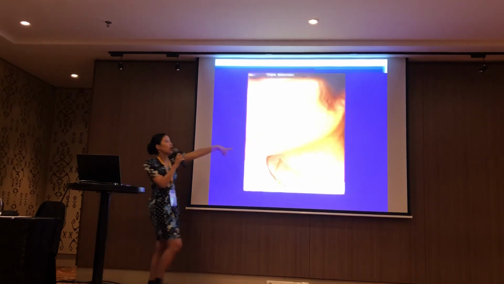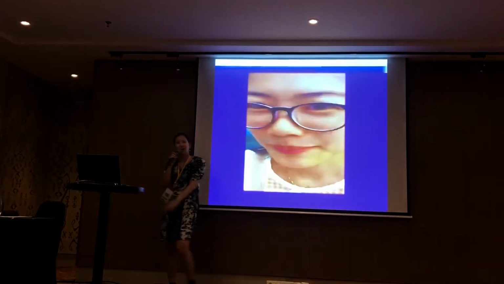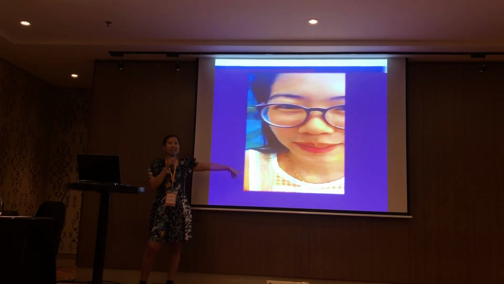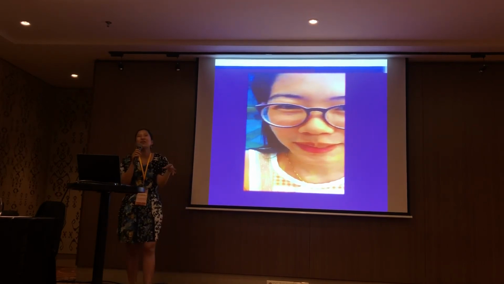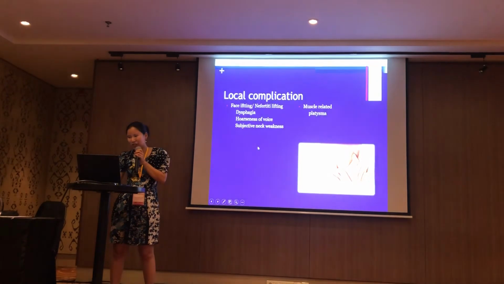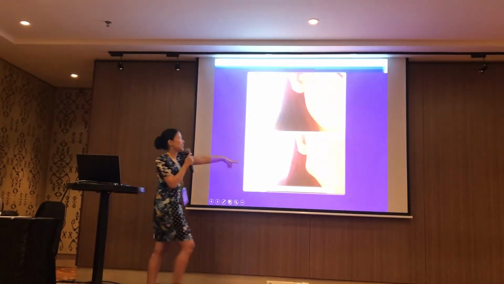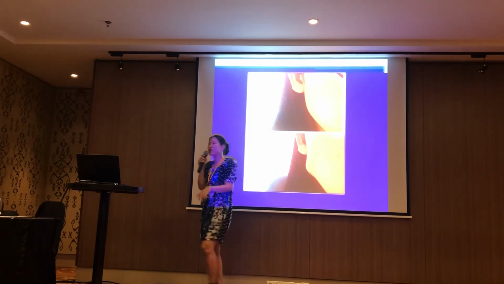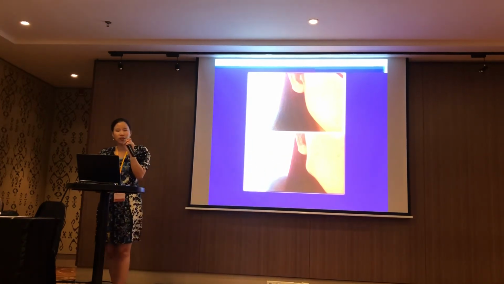Can you see this bumping? You see? Actually, she is my friend, she's a doctor, and she wanted to inject herself, you know? And this is the problem she wanted me to correct for her. You see this? Okay. So this one is what we call the deep reproduction of the masseter injection.